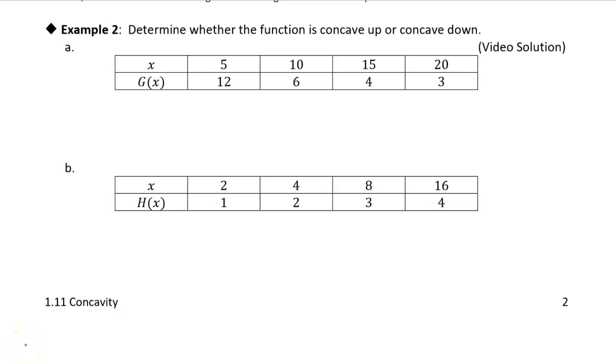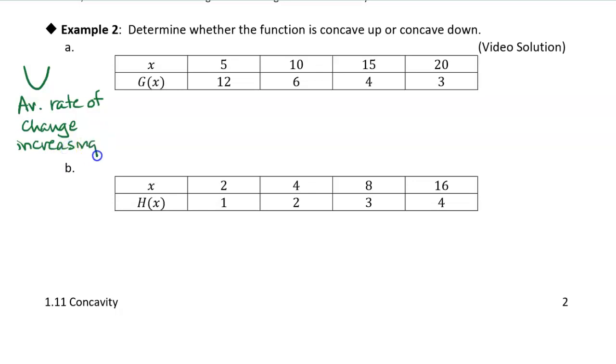All right, so now we know that when a function is concave up, visually it looks like a U, and we know that the average rate of change is increasing.